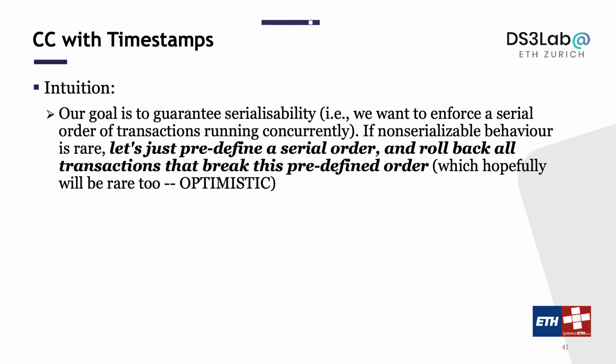So I predefine a serial schedule, and whenever some transaction breaks this order, for example, I'm trying to enforce T1 then T2, and now T1 tries to read the result from T2, I roll back T1. That could be a very simple strategy. I predefine a serial order, and whenever you read or write, I check whether you are breaking this order, and if you are, I roll you back.